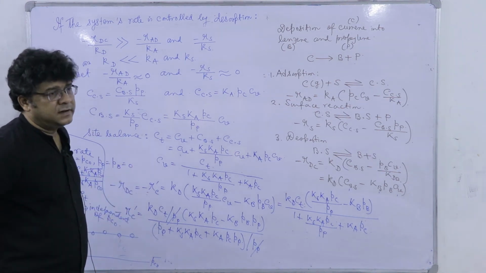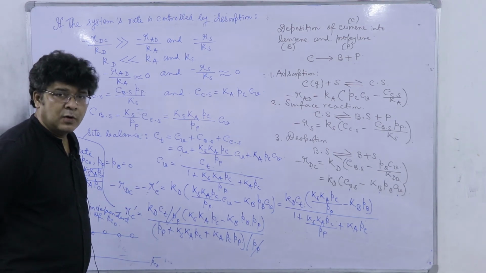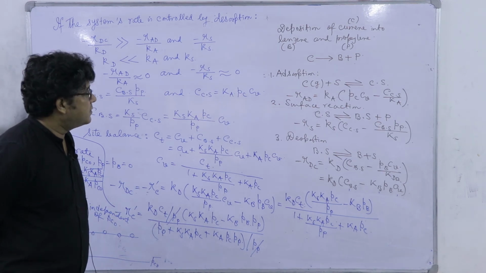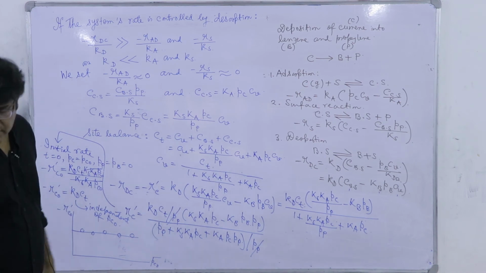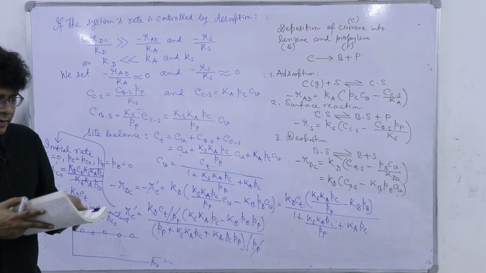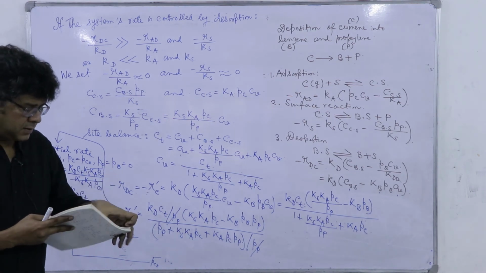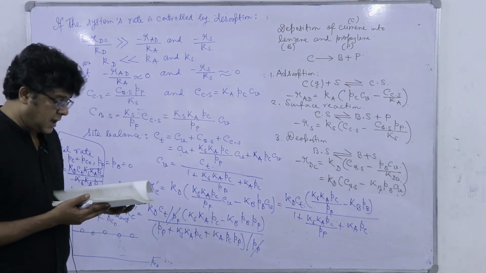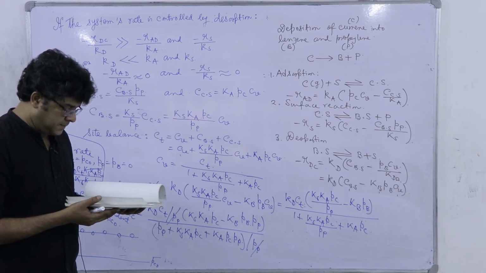And if it is proportional to the initial rate for low partial pressure and constant for high partial pressure, then it is surface reaction controlled. So, that is a typical example. We have demonstrated how to get this confirmation of whether it is reaction controlled, adsorption controlled or desorption controlled.